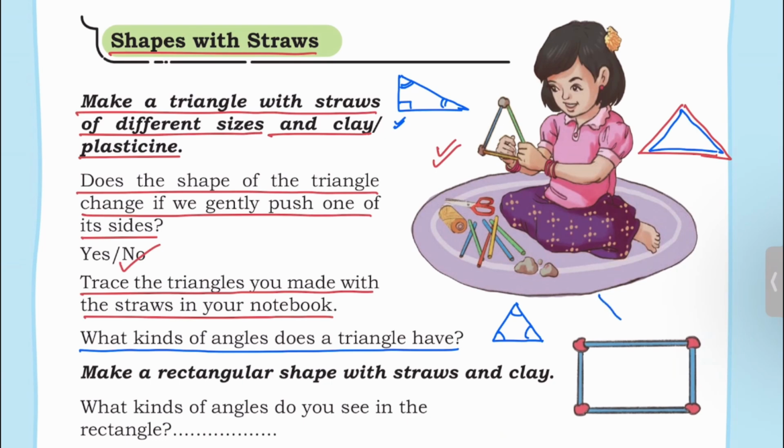And if your triangle looks like this, then it will have one obtuse angle and two acute angles. That means there are three kinds of angles that a triangle can have. That is acute angle, obtuse angle and right angle.